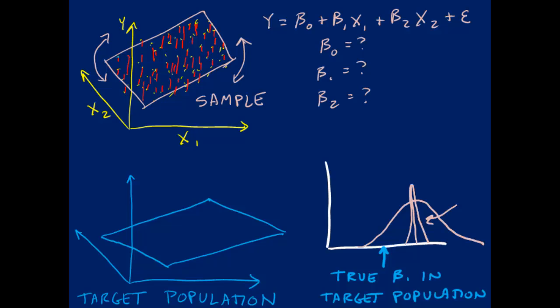But if you have a biased study design, like we see here in this example, and you increase the sample size, all you're going to do is get a more precise estimate of the wrong parameter. So you're going to get a very precise estimate of your biased parameter. So increasing the sample size does nothing to improve your bias.